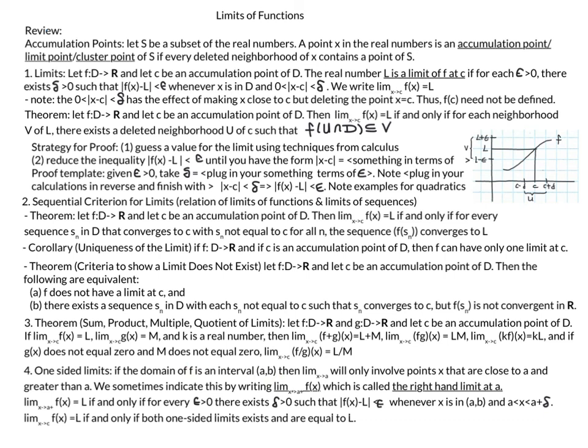Sometimes we can talk about approaching a from the positive side, which is called the right-hand limit. The limit as x approaches a from the right is equal to L if and only if for every epsilon there exists a delta greater than 0 such that |f(x) minus L| is less than epsilon whenever x is in the interval (a, b) and x is between a and a plus delta.